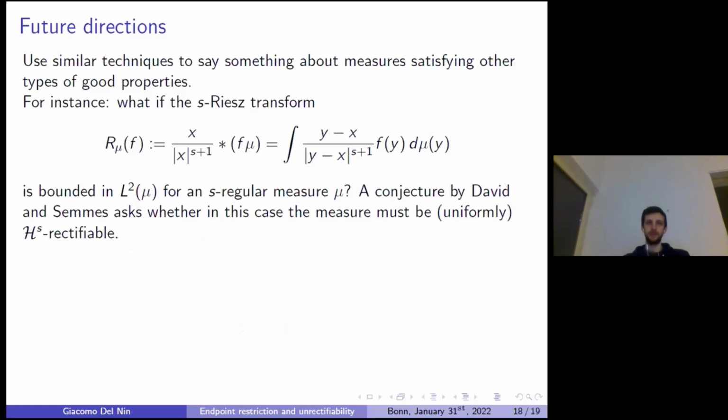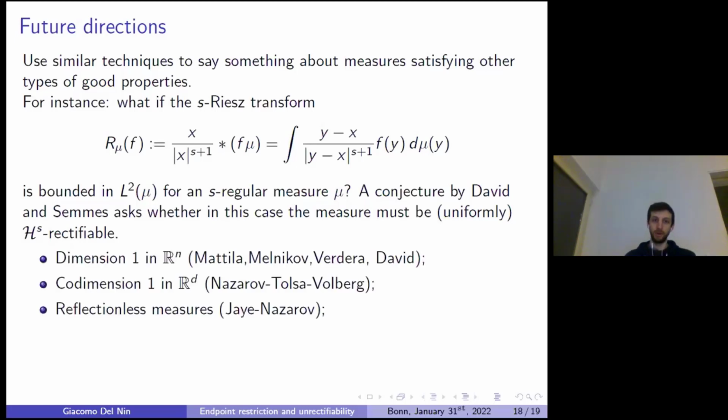It's a very old problem. So we consider a measure mu, and we suppose that the Riesz transform is bounded in L^2 of the measure, for a regular measure of dimension s. Then the conjecture that we already saw in the previous talk asks whether, under such assumptions, the measure mu is uniformly rectifiable, or at least rectifiable.